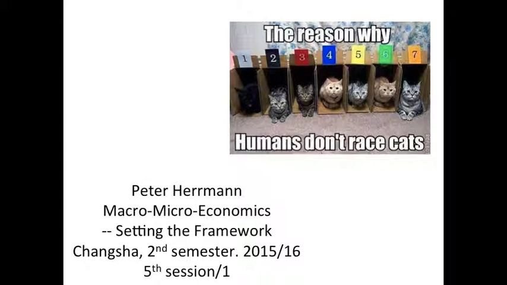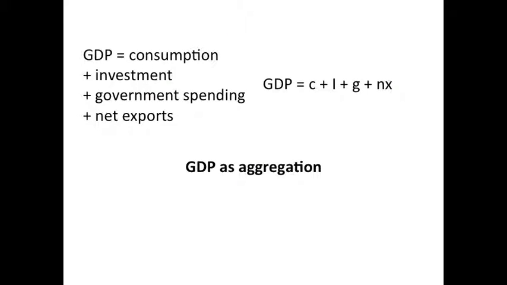Going back to what we did last time, it was very much about GDP, and I want to continue from there. GDP, I said, has to do something with aggregation.